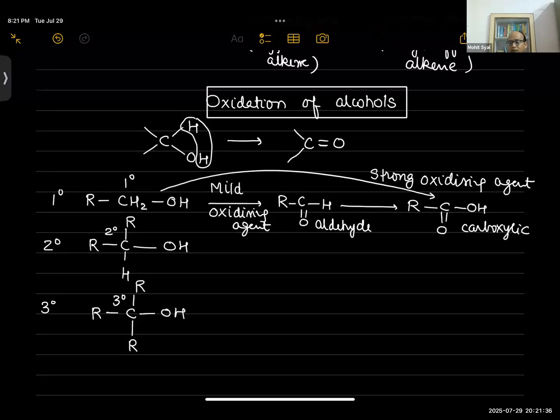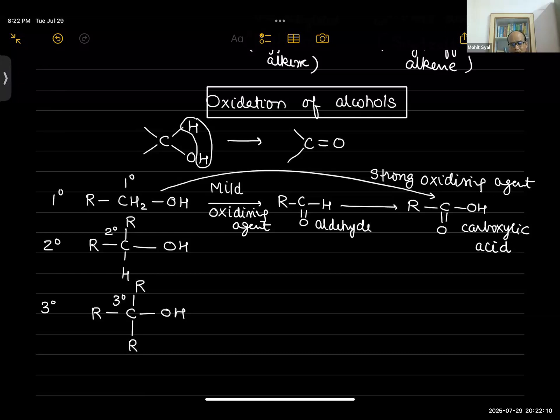Yes, sir. So just say it once, what happens when you oxidize a primary alcohol? If you oxidize a primary alcohol, what can you get? What could be the different products?